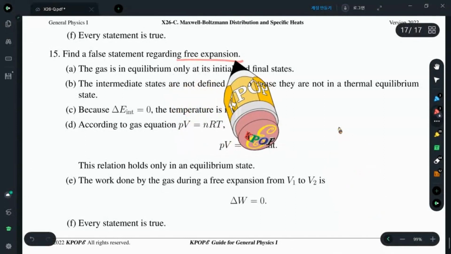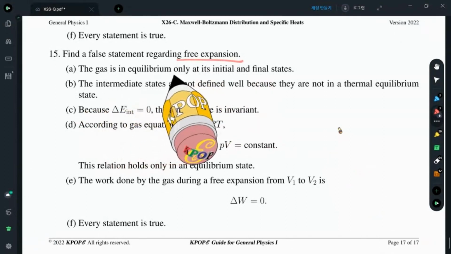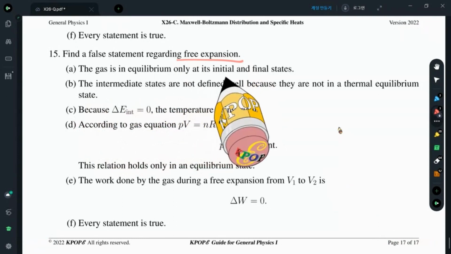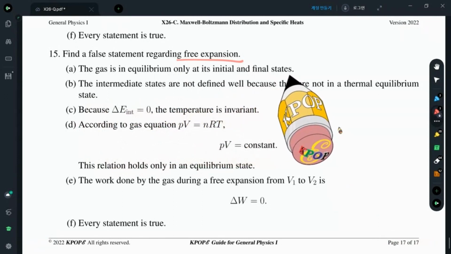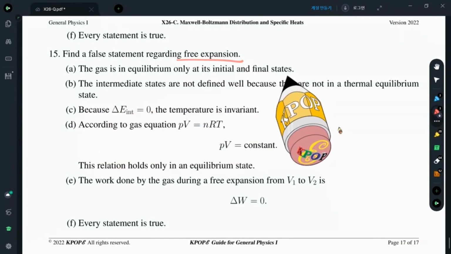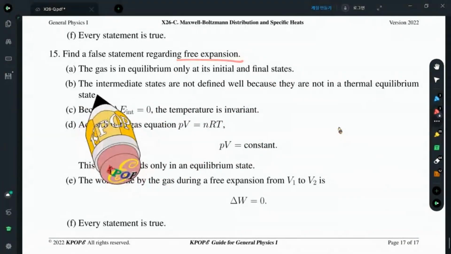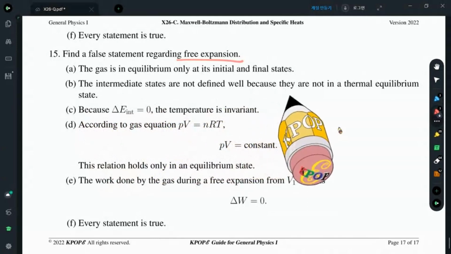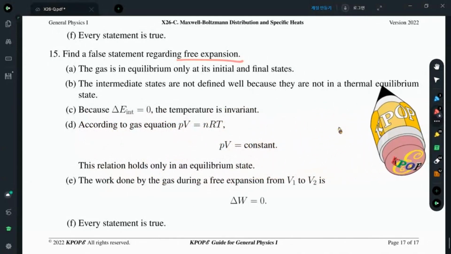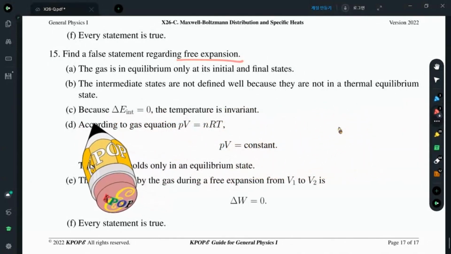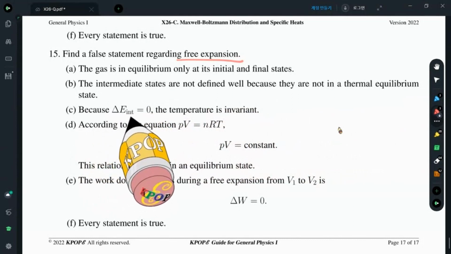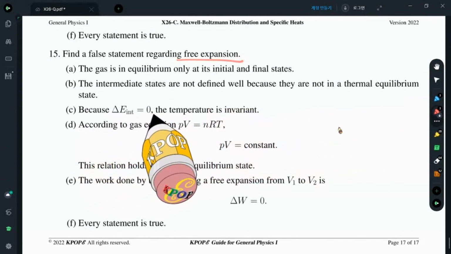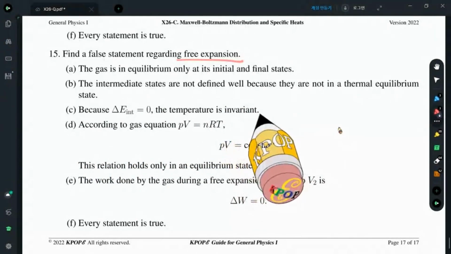In free expansion, the gas is in equilibrium only at its initial and final states. During the free expansion, pressure and volume are not defined. The intermediate states are not well defined because they are not in thermal equilibrium, right? Because the change in internal energy is 0, the temperature is invariant.